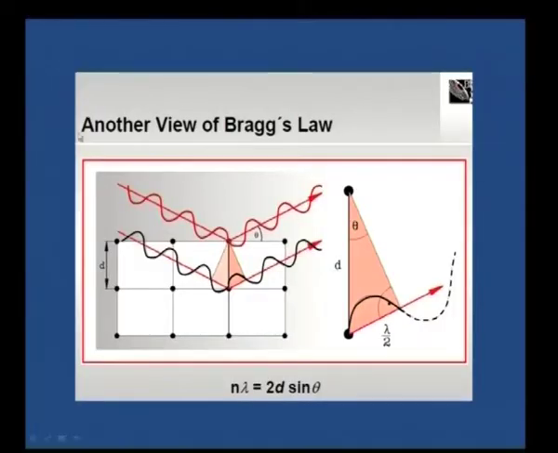If theta is known, the grazing incidence is known, and if lambda is known, say you are using a copper target and you know lambda is 1.541 angstroms, then d can be calculated. What is d? d is the interplanar separation, the distance separating this plane and this plane. The distance separating the two atomic planes can be determined.